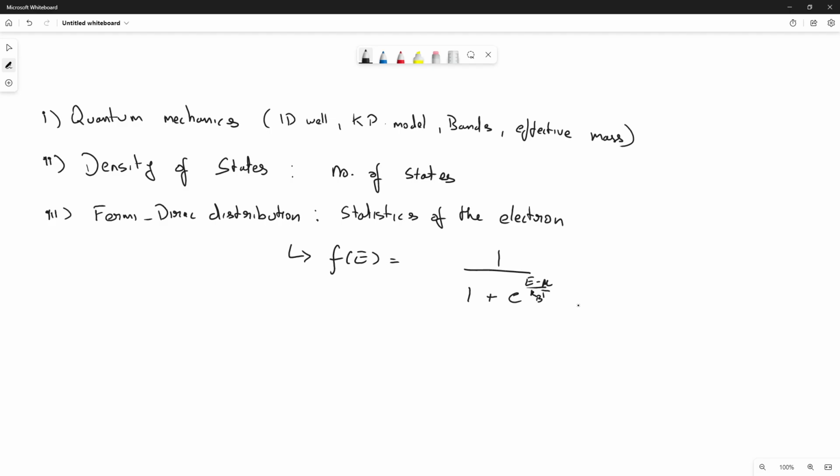Now you can ask, why do I need statistics? We need statistics because, okay, this is the Fermi function. Can you tell me what this quantity represents?